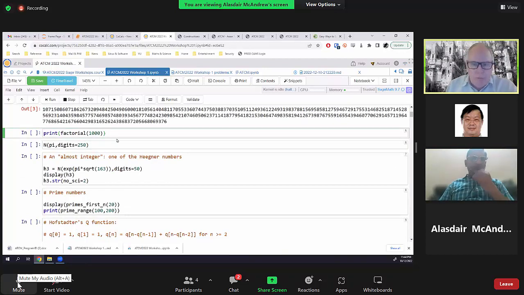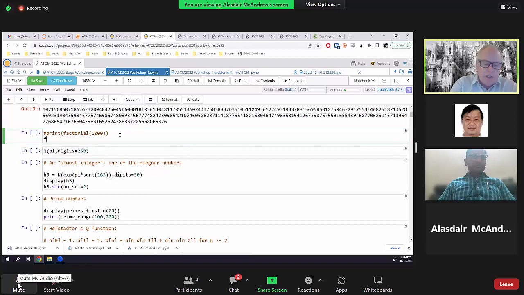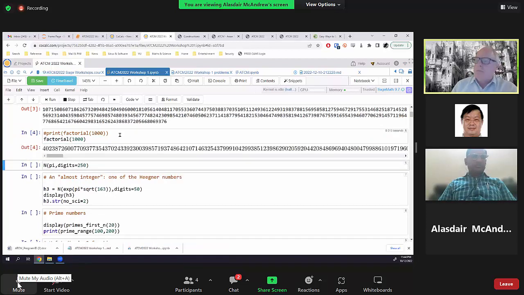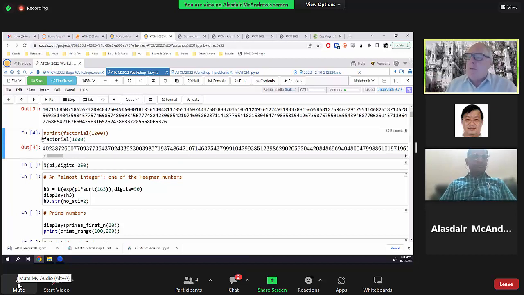If I just wrote factorial 1,000, it would give me, but I'll do that. I'll put a little hash to comment that out for now. And again, we've got a huge, long number, which goes miles across the screen and away into no man's land.